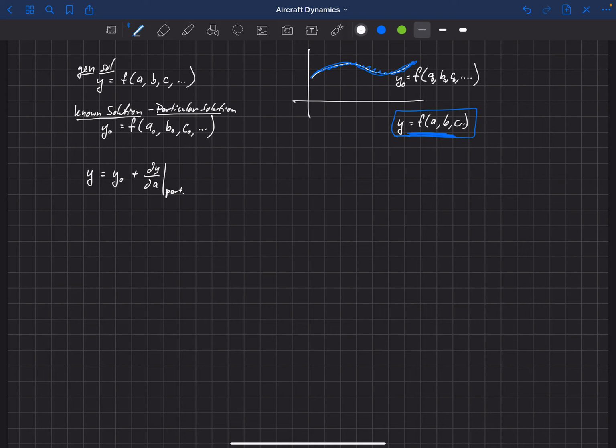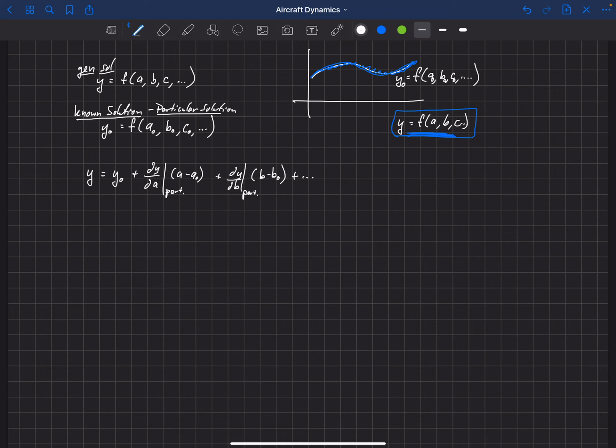And then we'd multiply that by my real value of a minus a naught, so a deviation in a. So we're going to take the first derivative multiplied by the change in a. And then we could do the same for every single parameter there. So also the partial derivative with respect to b evaluated at the particular solution, or that known solution, multiplied by b minus b naught, and we could keep going.